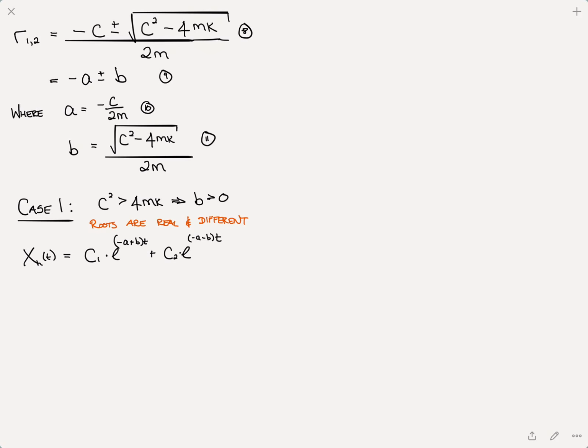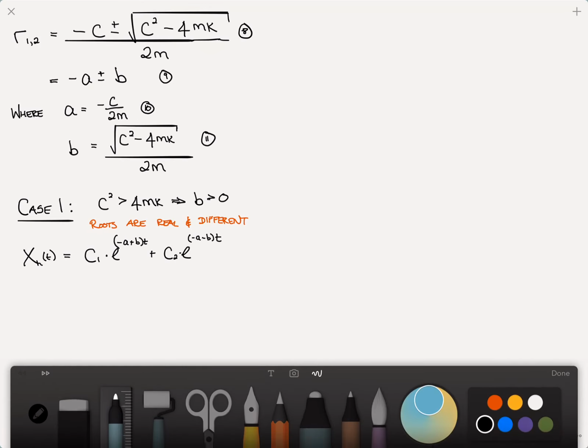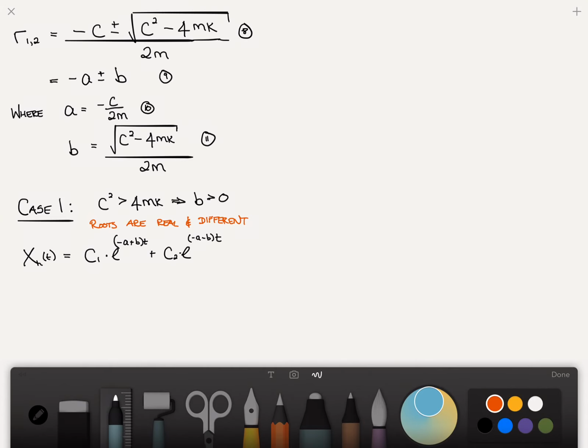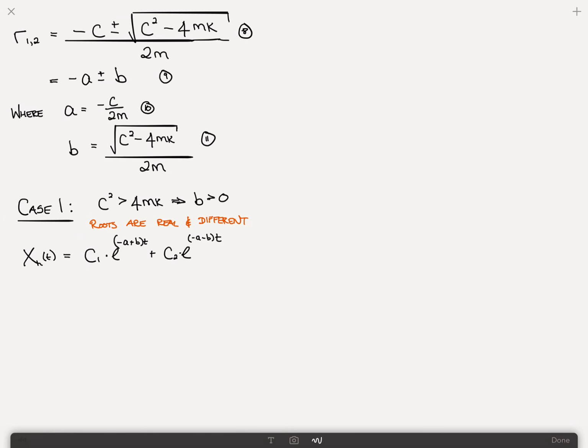Now, the initial conditions might suggest that one of these constants is 0, in which case that will fall away and it will just be the other part of the solution. But each one of these, meaning each one of these solutions corresponding to roots R1 and R2, are valid solutions. Let me just write here that this is R1, this is R2, so there should be no confusion.